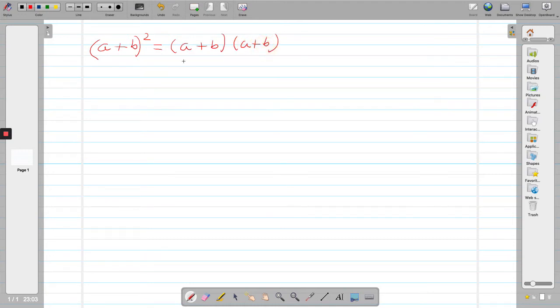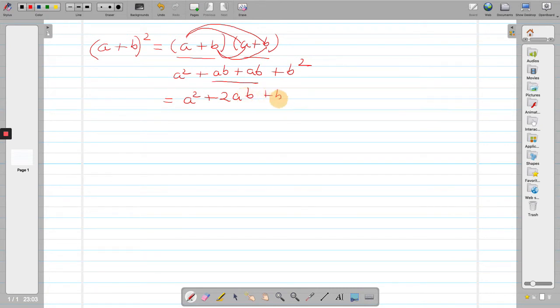So when you multiply these two brackets, a times a is a squared, and then a times b is ab, and then again b times a is ab, we write in alphabetical order, and then b times b is b squared. So we can add these two, it will become a squared plus 2ab plus b squared.